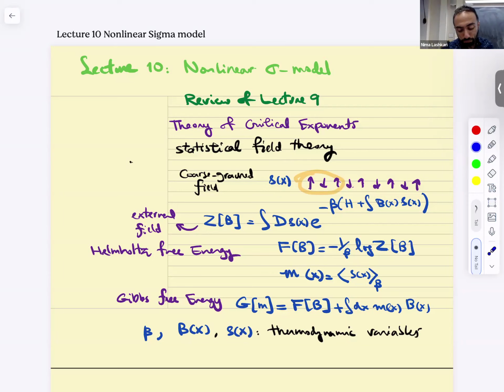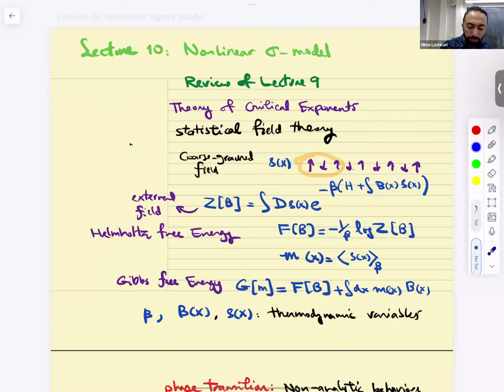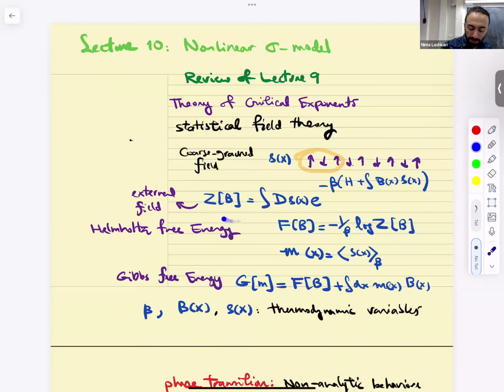Okay. The partition function of this statistical field theory, Z of B, in the presence of source, external magnetic field, B, sorry, not beta, B, as a path integral over S of X, right?